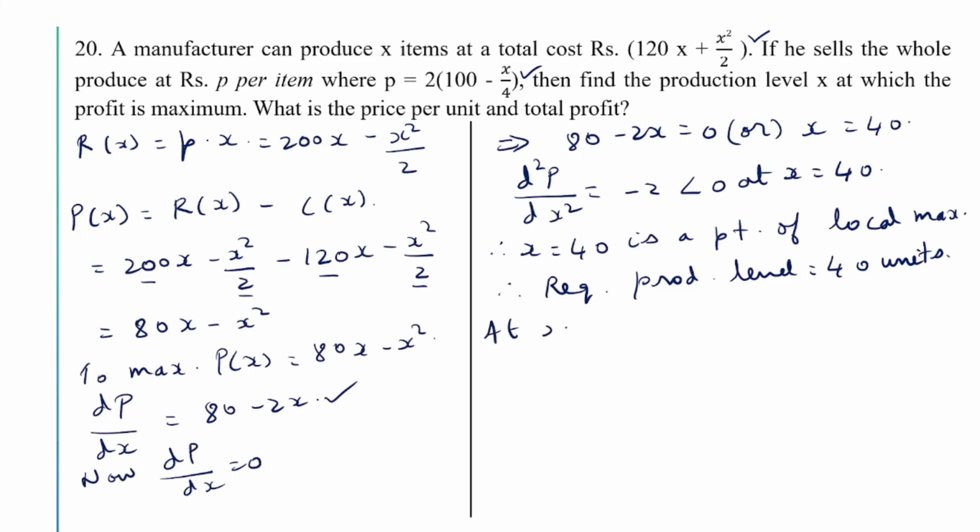At x is equal to 40, P of x is equal to, here we have to substitute x as 40, 2 into 100 minus 40 by 4. So it is 2 into 100 minus 10, 2 into 90, 180.